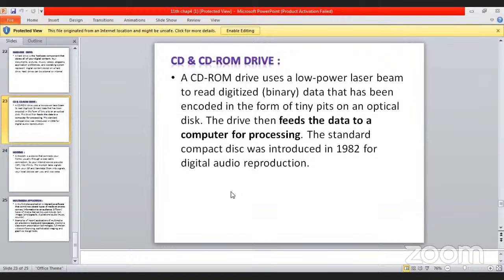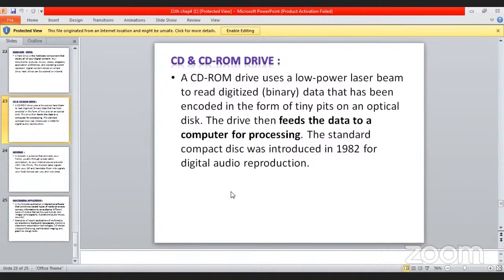There are some different types of CD-ROM players and drives available as follows. First one is CD recordable drives. Second one is photo CD players. Then the CD readable or writable drives.